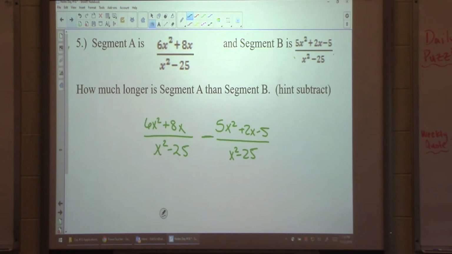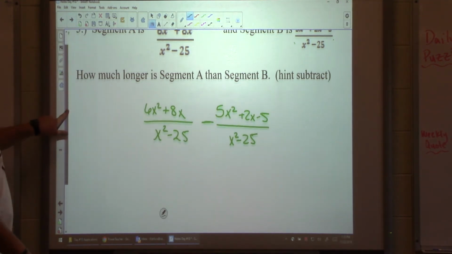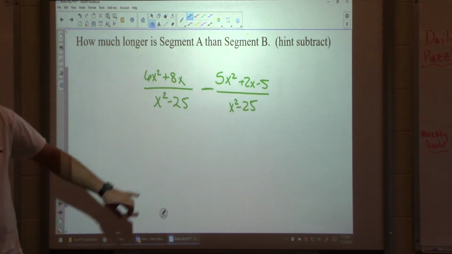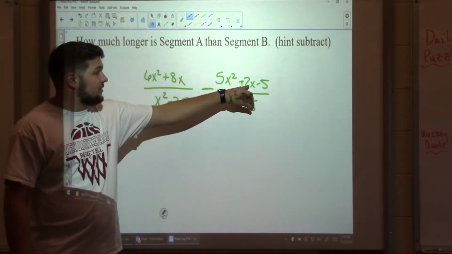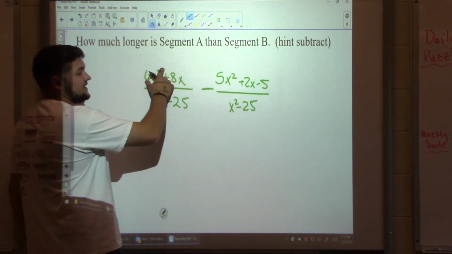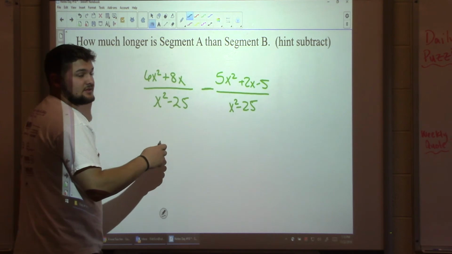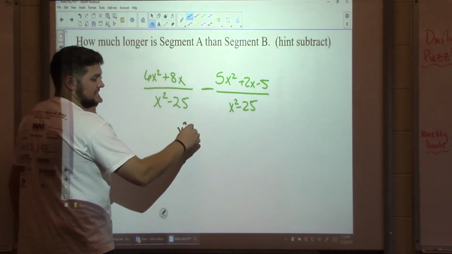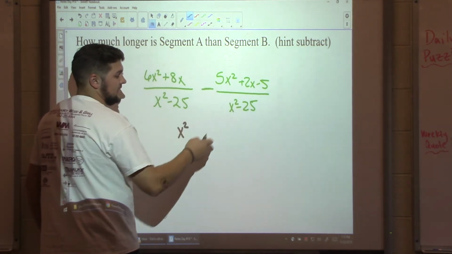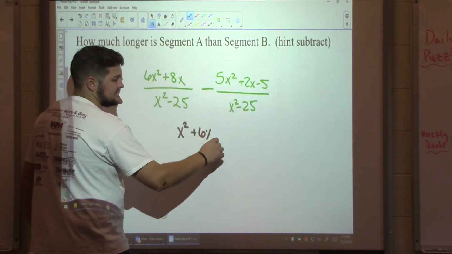Okay. When I subtract, I must have common denominators. Do I have that? Yes, so I can go ahead and subtract right away. Remember, guys, this is one of the biggest mistakes made on the test. That subtraction goes to all 3 of the pieces here. So across the top, 6x squared minus 5x squared gives me just x squared. 8x minus 2x gives me 6x.